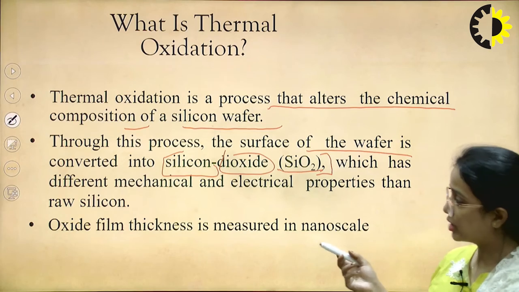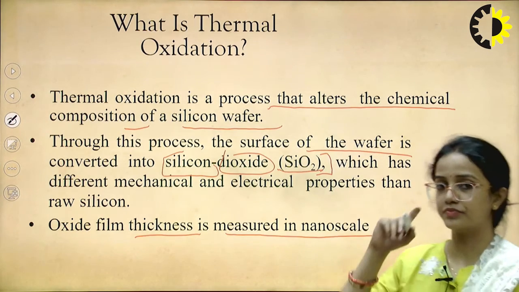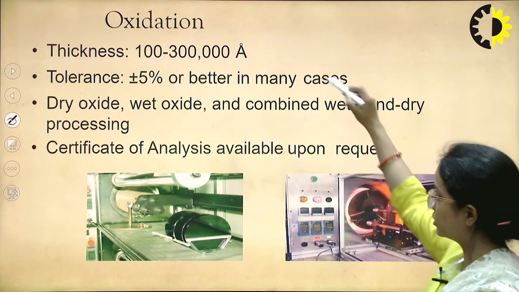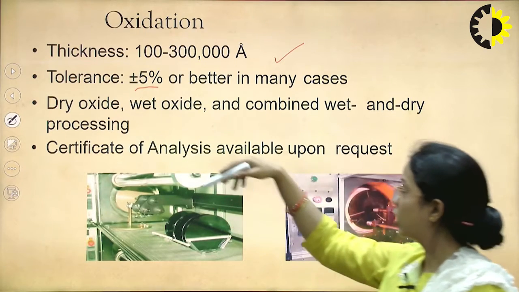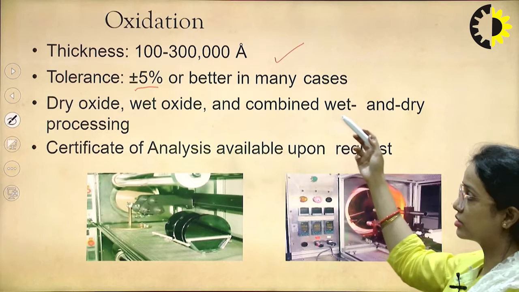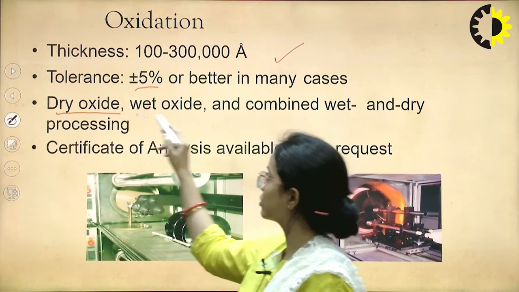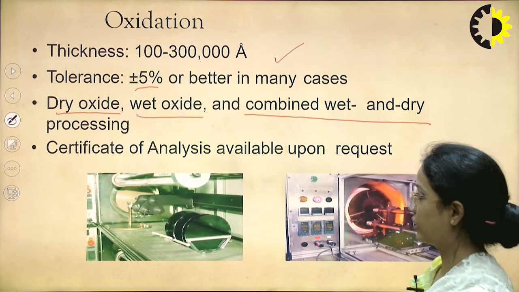These oxide films, the film thickness is measured in nanoscale. The tolerance is plus minus 5%, or it can be even better in some cases. There can be dry oxidation, wet oxidation, and the combined one, which is wet and dry.